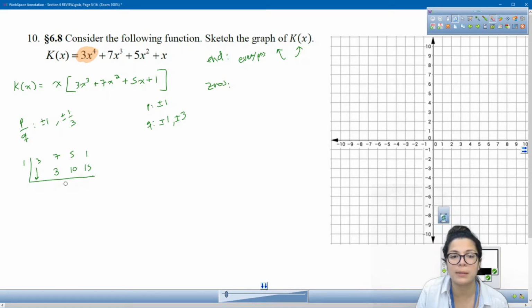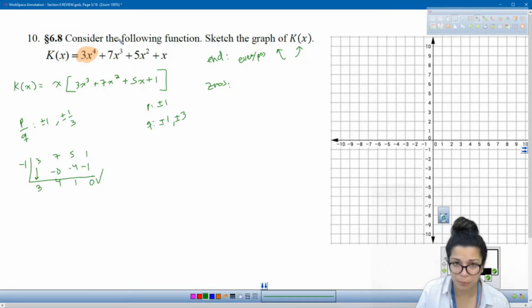Let's go ahead and erase these numbers, and now we're going to check the next possible zero, which is negative 1. Bring down the first one, multiply negative 3, add vertically we get 4, multiply we get negative 4, add vertically we get 1, multiply we get negative 1, add vertically we get 0. Awesome, we found one.